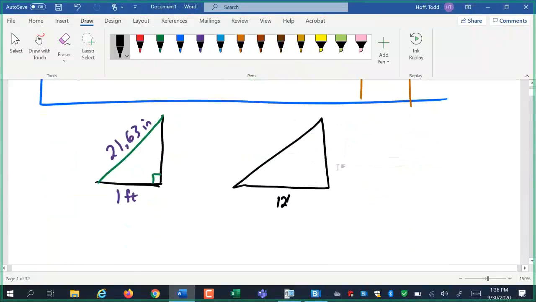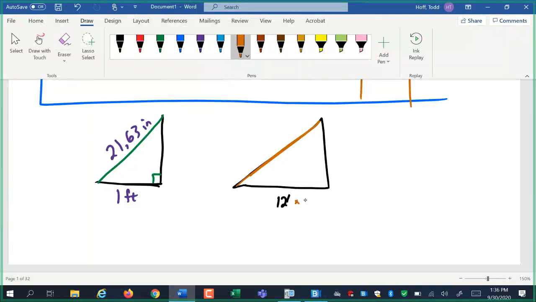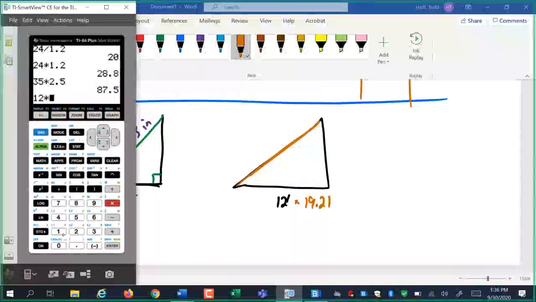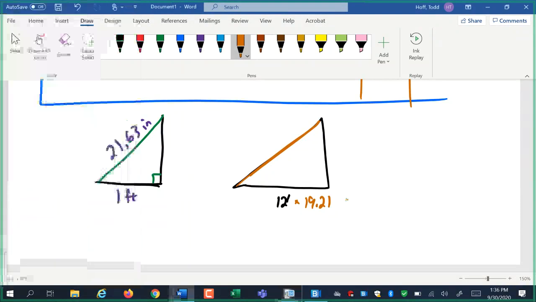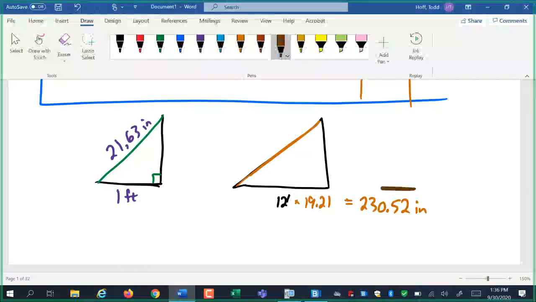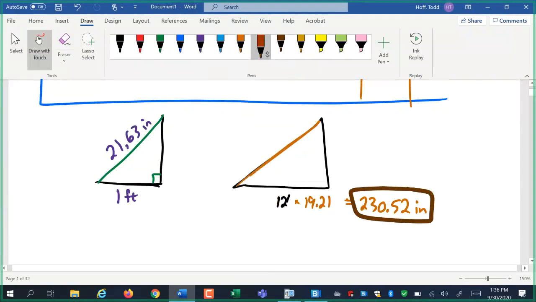So the length of that common rafter is just that run of 12 times the 19.21. Now you'll notice the 12 is in feet, but the 19.21 is inches per foot. So we get 230.52 inches. Our common rafter will be 230.52 inches long.